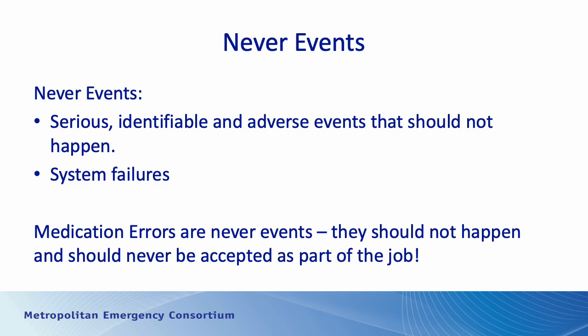Or the patient has joint replacement surgery of the knee, but it's done on the wrong knee. Those would be considered never events, and they are considered system failures. There was not a correct instrument count during the surgical case, or nobody verified with the patient that the surgery is going to be on the right knee and not the left knee.